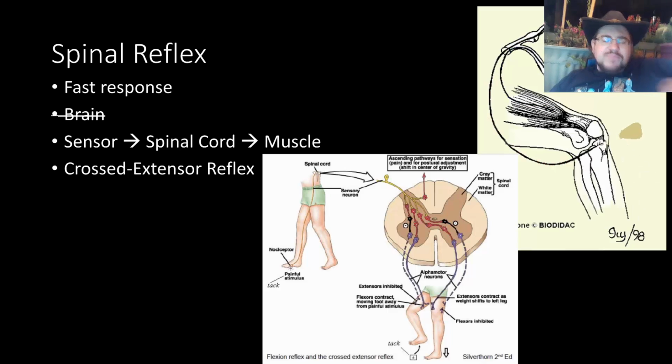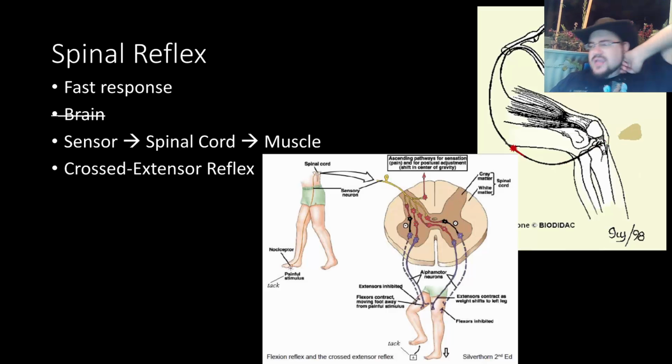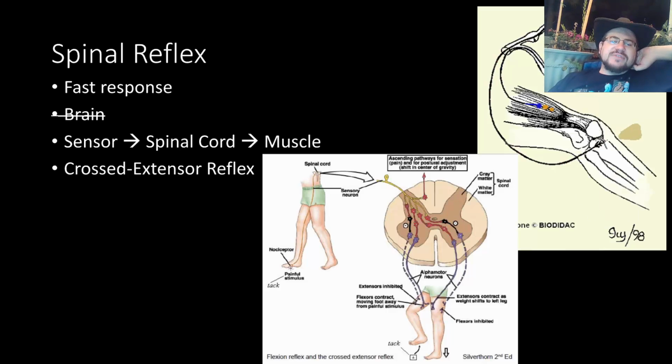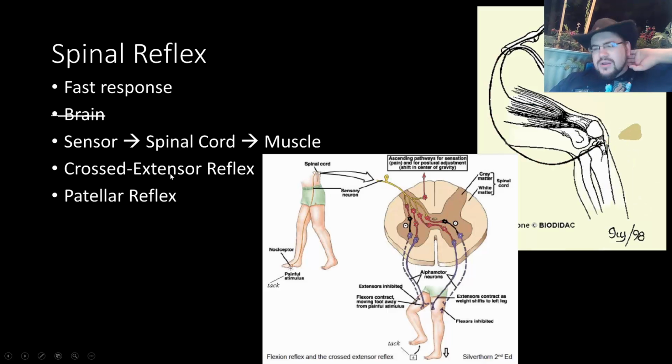And since you were stepping forward, putting your weight onto the foot you just lifted, then you extend the other leg. So, the crossed extensor reflex is so named because it crosses from the left side to the right side. There's a response in both the left and the right side, the reflex response. Of course, over here, I already described the patellar reflex.